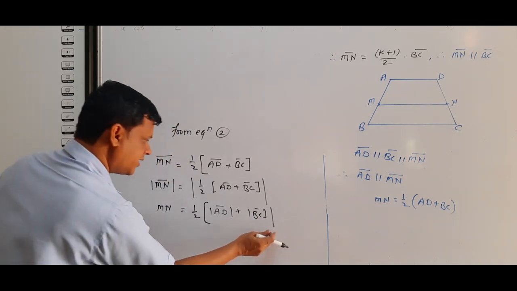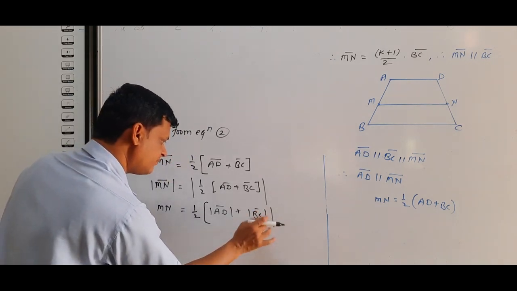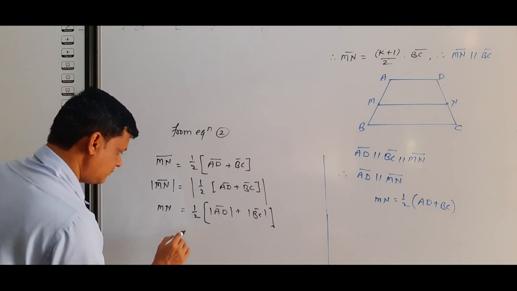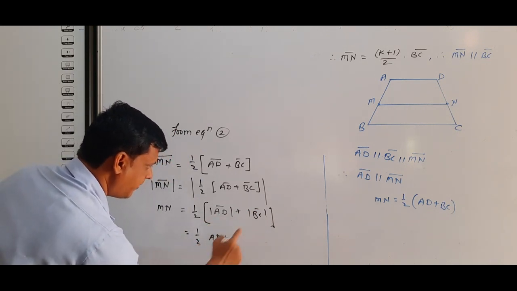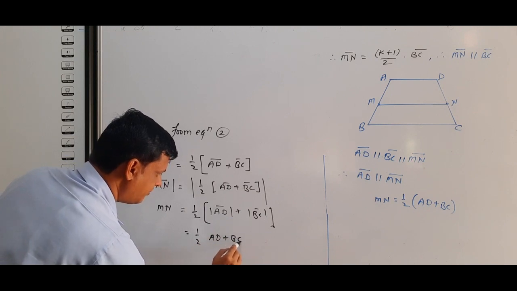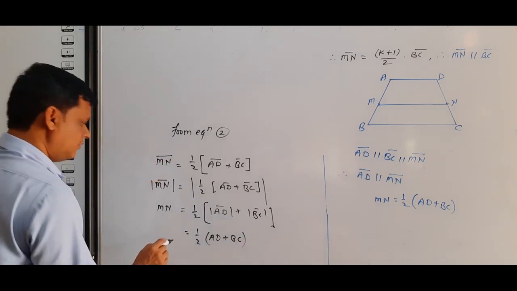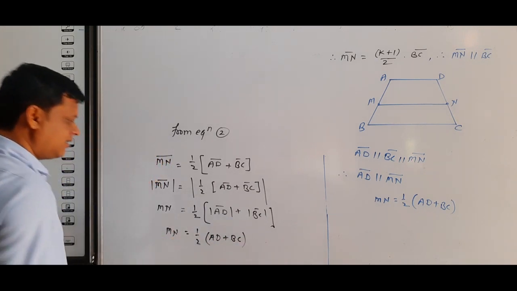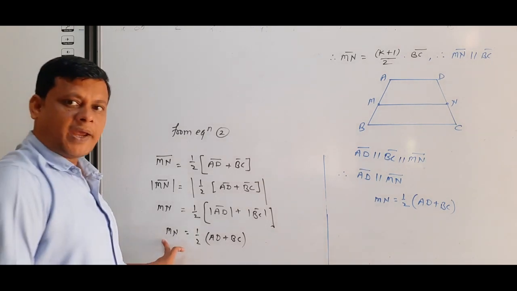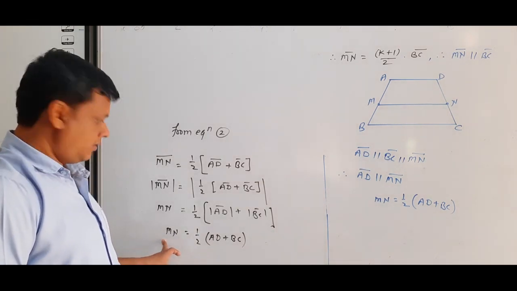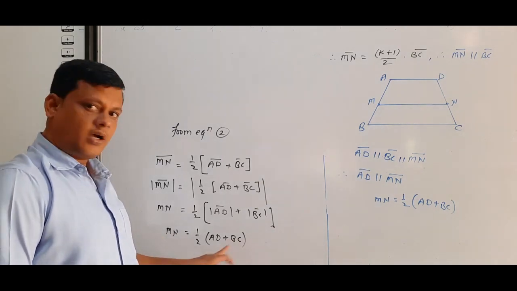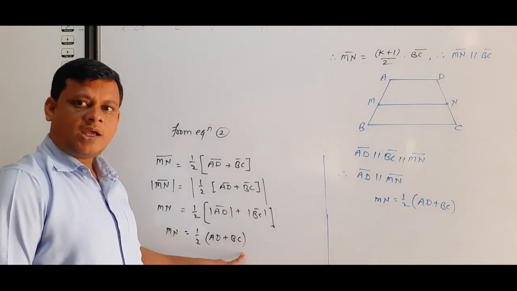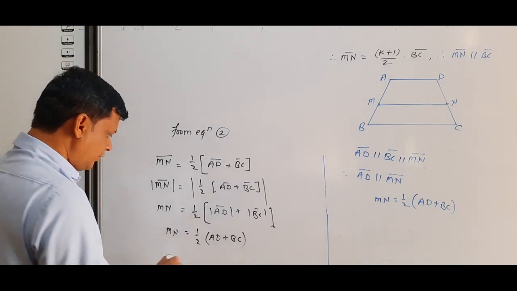So again we can separate the magnitudes: half of the magnitude of AD, which we write AD, plus the magnitude of BC, which we write BC. So from this we can say that the magnitude of the median of the trapezium is half the sum of the magnitudes of the parallel sides.